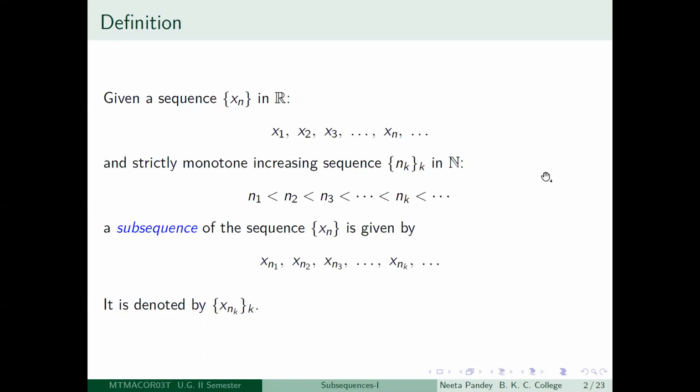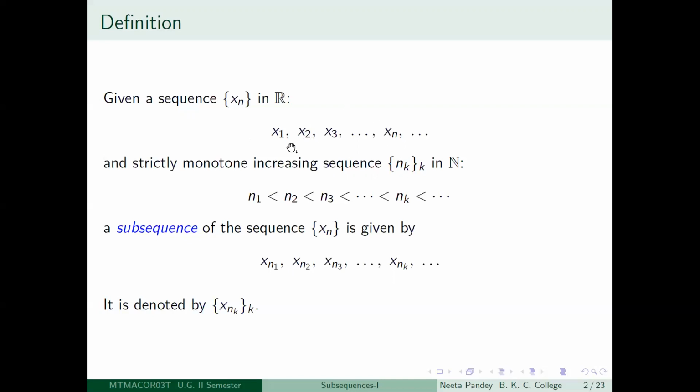Similarly, when you are talking about sequences and you want to talk about a sub object here, you will call it a subsequence. So first of all, it should be a sequence. Secondly, it should be related to the original sequence. You recall that when you are talking about sequences, what is very important is that there is a certain fixed arrangement of the terms of the sequence.